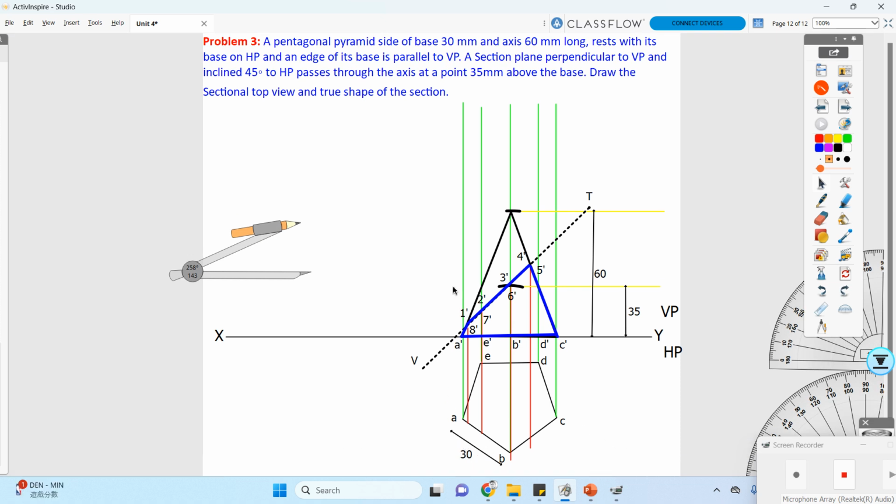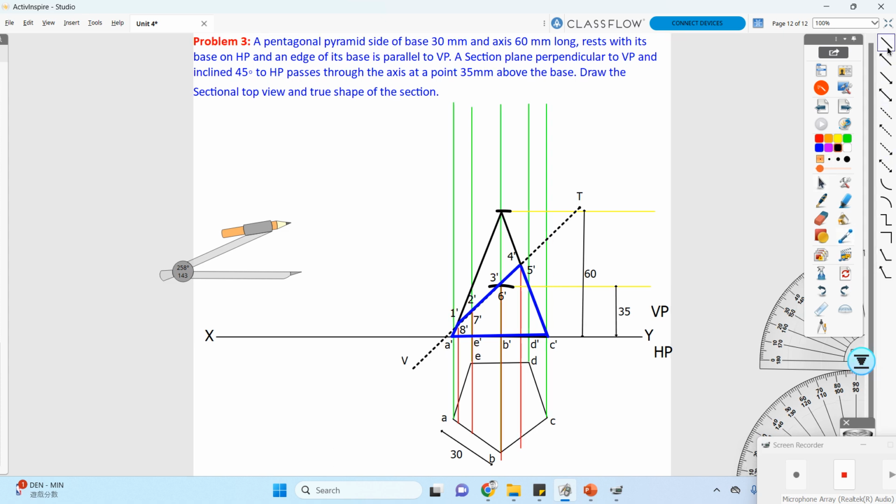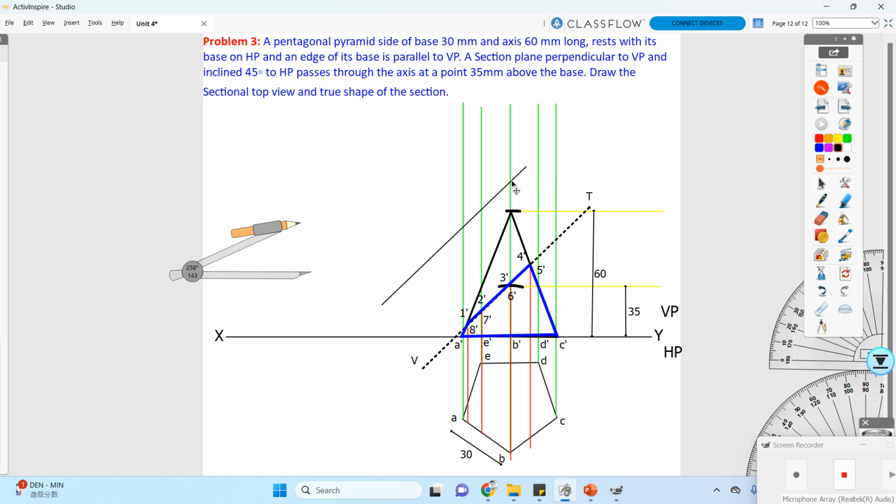Now we want to show how our section looks over here. Okay, for this we can consider our reference plane first over here. Then we consider that as a parallel one.